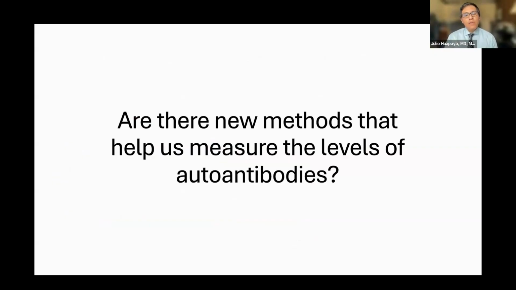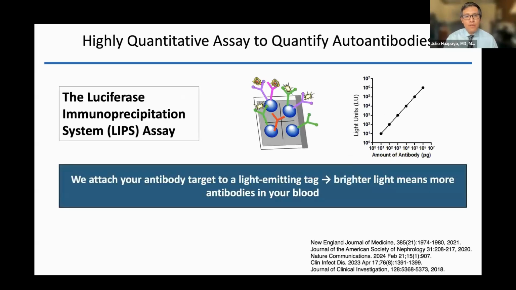So the big question we had at the beginning was, are there any new methods that can better measure autoantibodies? The answer is yes and no, because we don't have a new method, but we do have a method. This is the luciferase immunoprecipitation system.